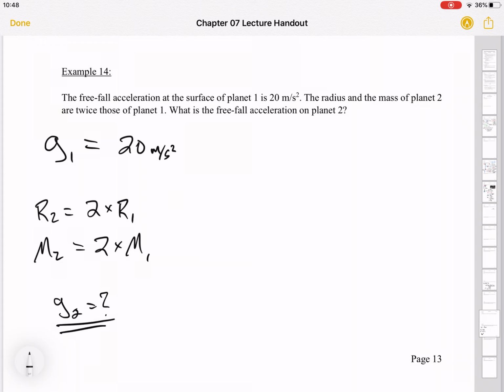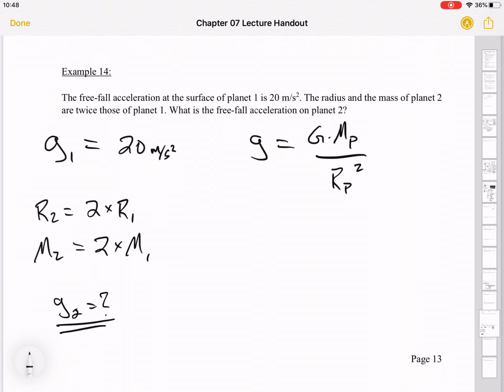Okay, so this is an interesting question, again, because we're not actually plugging numbers in, right? This is a proportionality equation. So g in general, again, is G m planet over R planet squared. Just a bit of notation here. When I use a capital R, generally I mean the radius of a planet. When I use a lowercase r, generally I mean the radius of an orbit, and we'll see that in future problems.